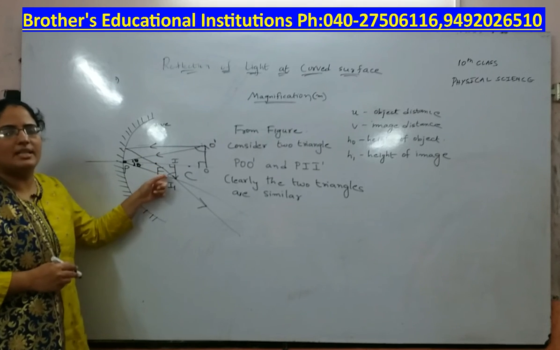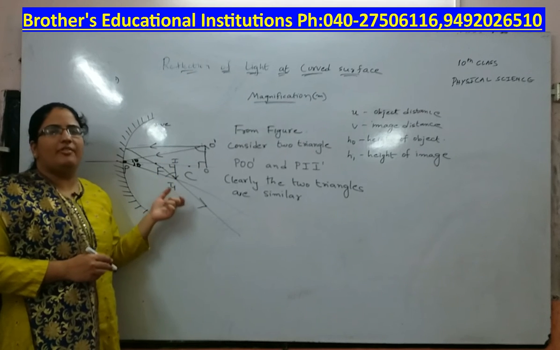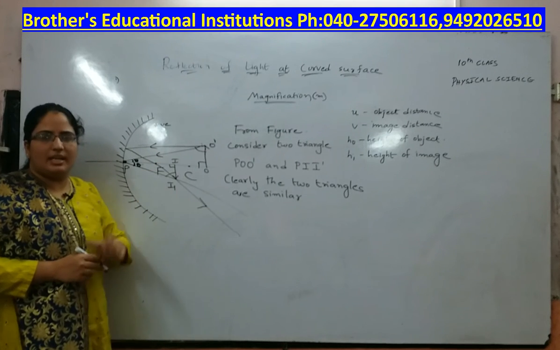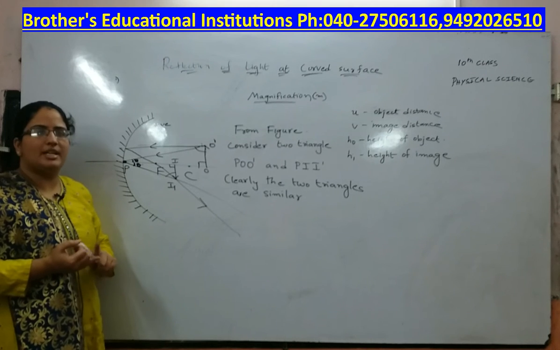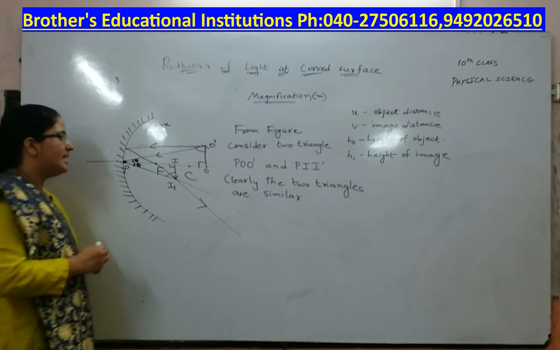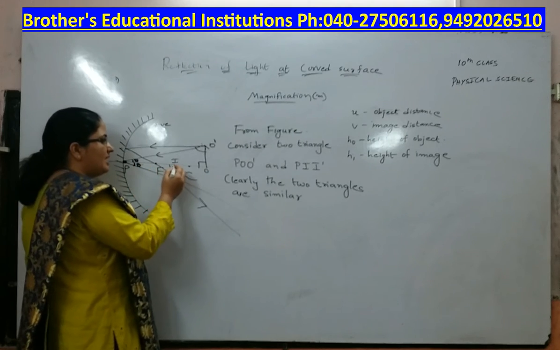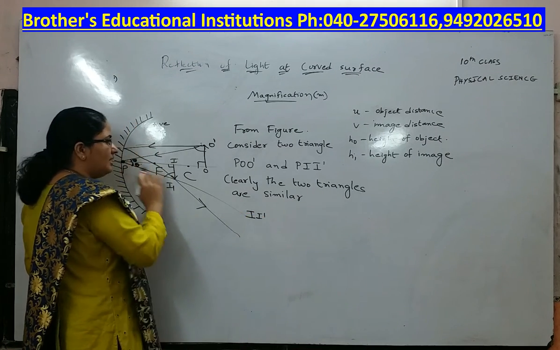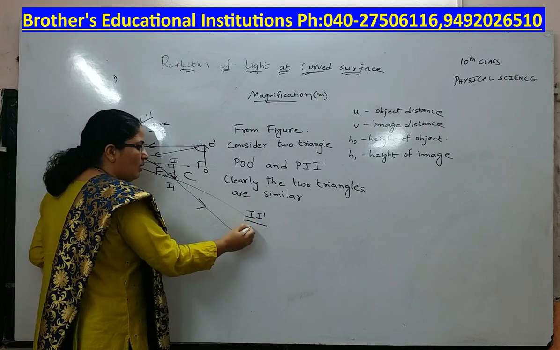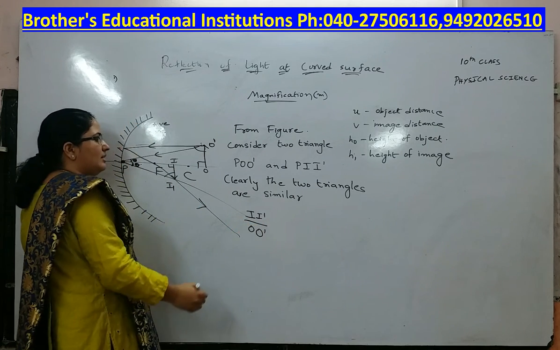Whenever two triangles are similar, the ratio of lengths of their corresponding sides is equal. Suppose I take I dash in the first triangle, then I have to take O dash in the second triangle.